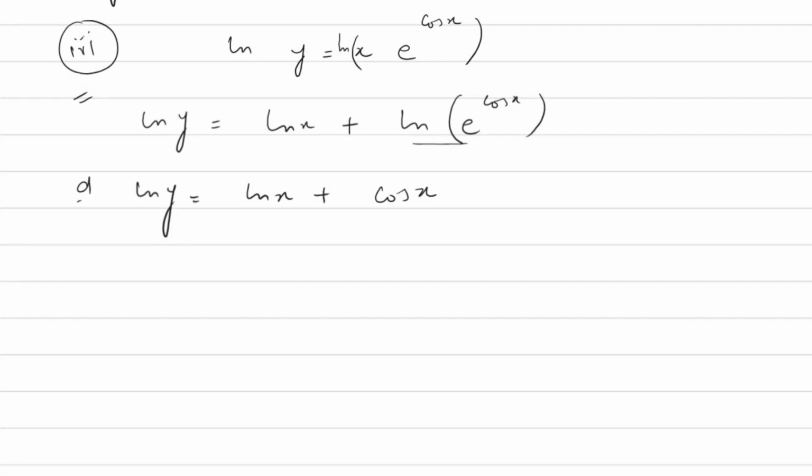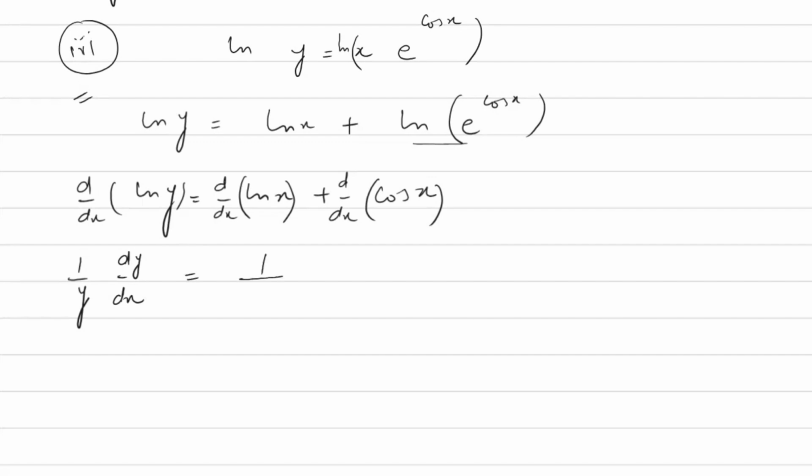So taking derivative on both sides of the equation, we are having 1 upon y dy by dx is equal to 1 upon x plus cos x derivative is minus sin x.